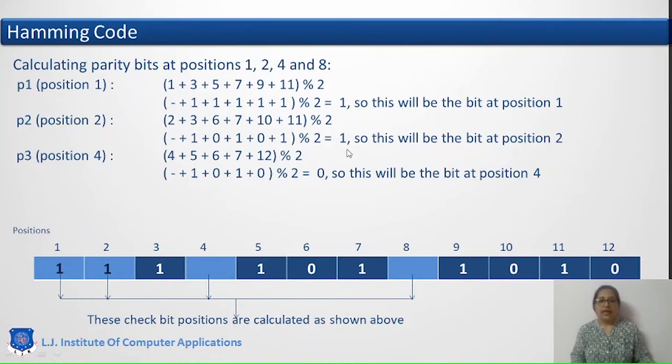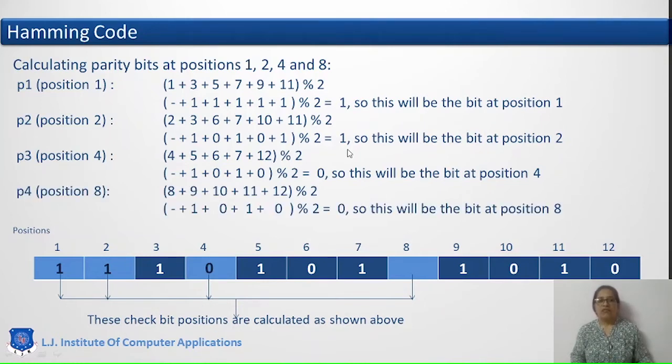And there are two ones in these positions, that is at position 5 and at position 7. So they are already even. So we will add 0 at position 4. Similarly, position 8, that is the fourth parity bit, is calculated by considering positions 8, 9, 10, 11 and 12.